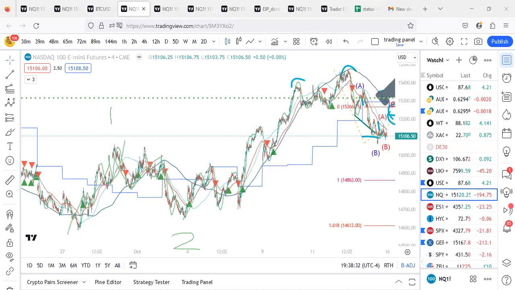Then this happened, A, and this B, October 4, and then a big C. Not C, a big 3, third wave. 1, 2, 3, and then this 4 happened, and then this 5.